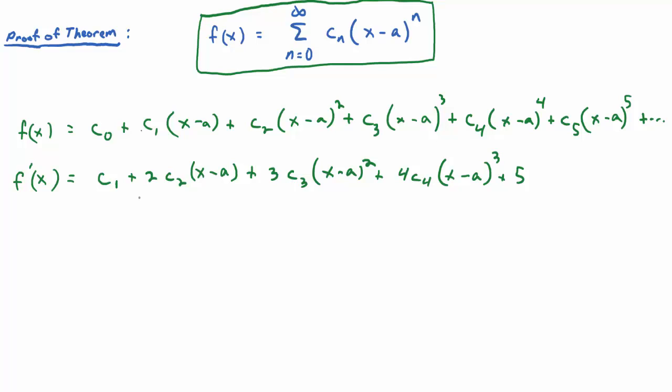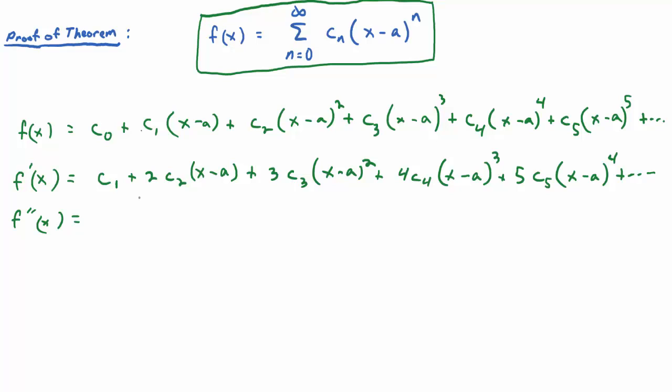Now, I'm starting to daydream, so if I make a mistake, let me know. Plus 5c5 (x minus a) to the 4th. Does that all look right to you? Plus dot, dot, dot. Yeah, this is like watching grass grow. But we got to do it to prove the theorem. OK. Well, the only thing that's really going to be of interest are the first terms.